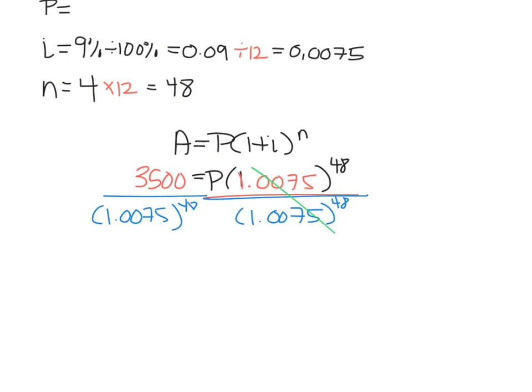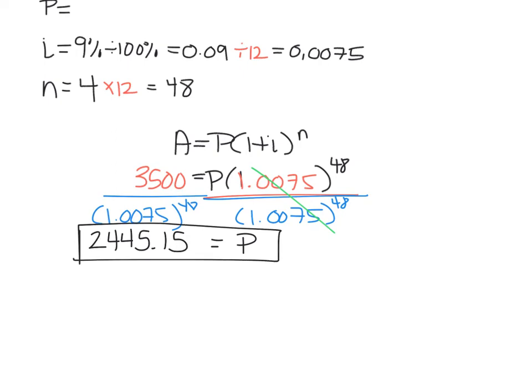We know that these 2 things are going to cancel out. They're going to equal 1. And into the calculator, we're going to put 3,500 divided by bracket 1.0075 to the power of 48. And the answer I got was $2,445.15.